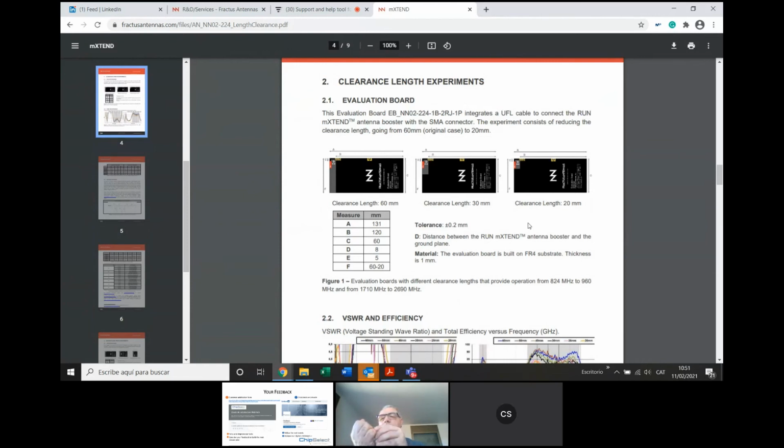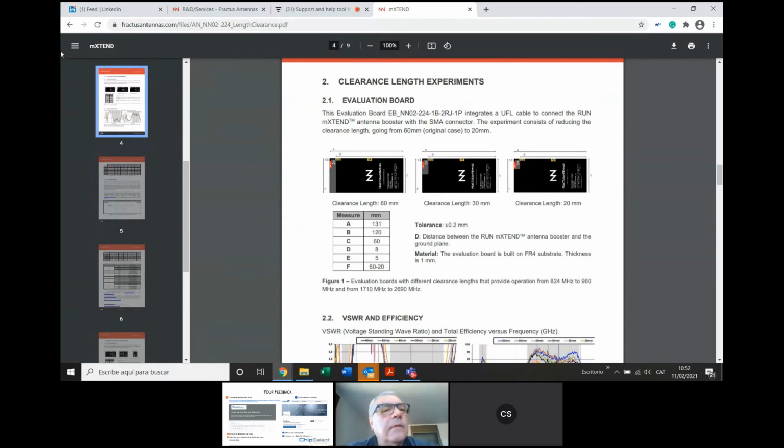I have a last question, which is not part of it. Josep, you are showing only one feeding link to the booster from the antenna, or in the matching network.